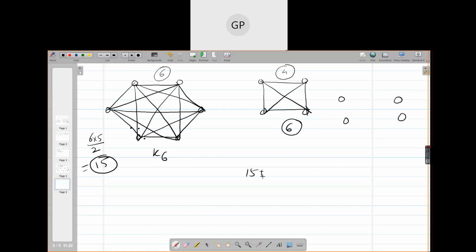So 15 plus 6, 21 edges I will have with this type of components. This is one component, this is one component, this is one component. Do you understand it? But still 21 is less than 36. Do you understand it, girls?